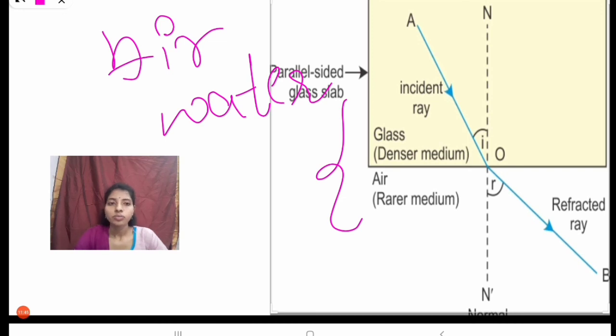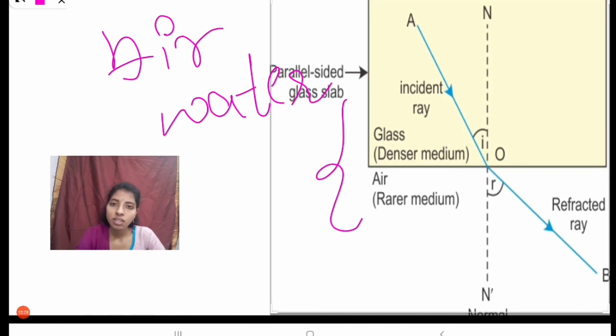See here, we know that refraction of light means when the light ray is incident on the interface between two mediums, the light ray will travel towards the normal or move away from the normal.